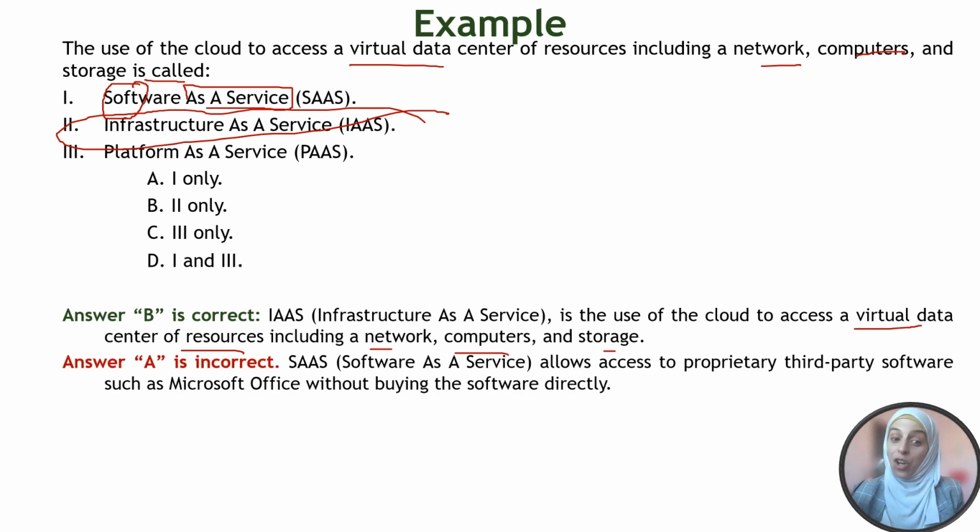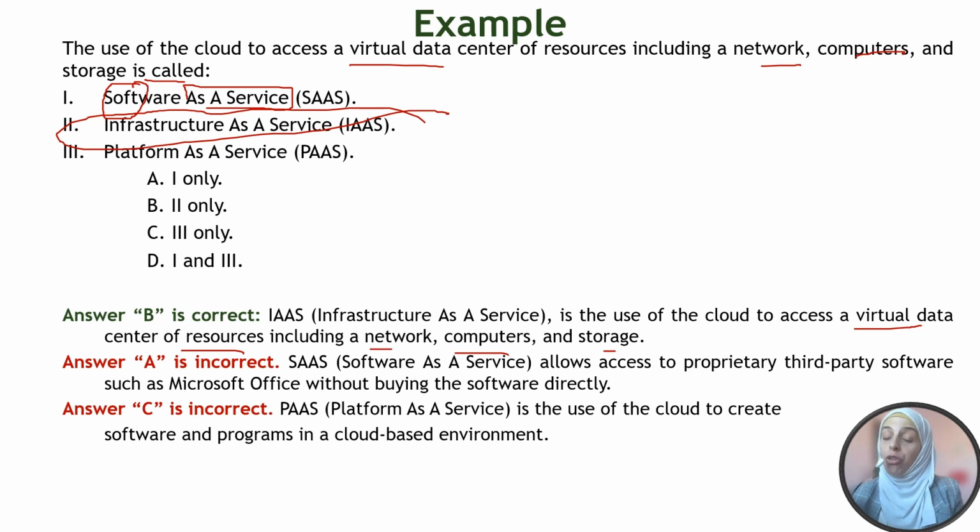A is incorrect. SaaS, or software as a service, allows access to proprietary third-party software like Microsoft Office without buying the software directly. And C also is incorrect, because a PaaS, a platform as a service, is the use of the cloud to develop softwares and programs in a cloud-based environment.